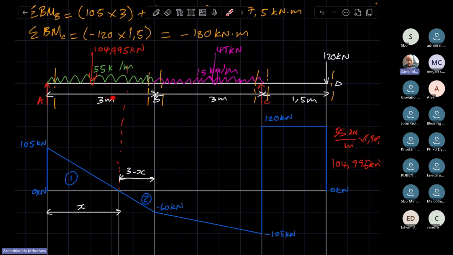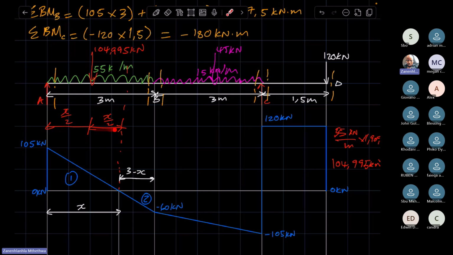So seeing that we are only considering this span, half of this span is going to be x over 2. Remember that this entire span is x. Half of that would be x over 2. Are we still together? It's clear, sir. Yes.